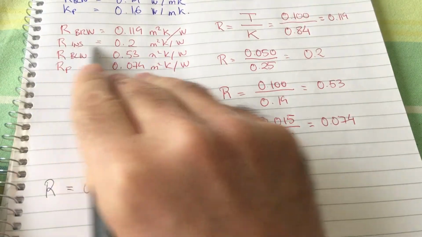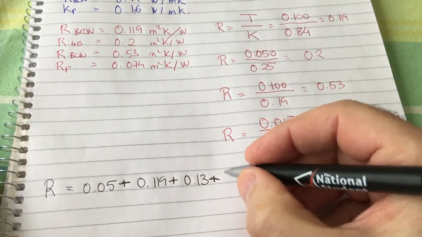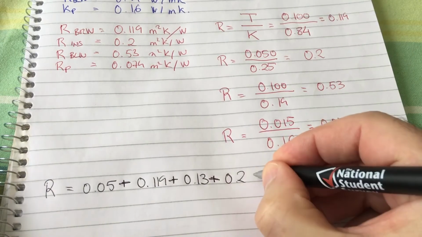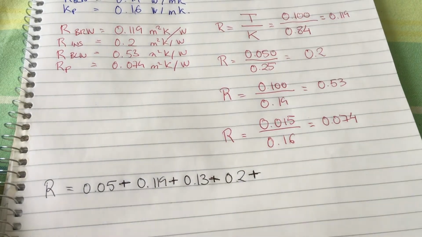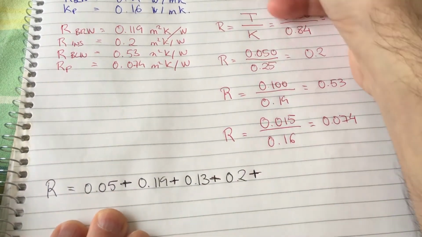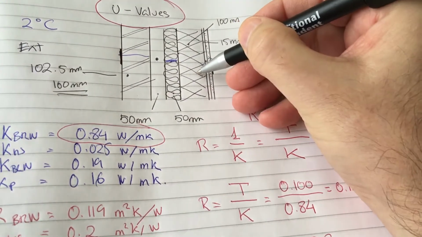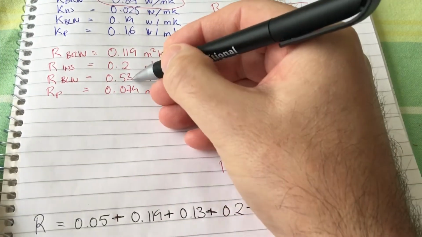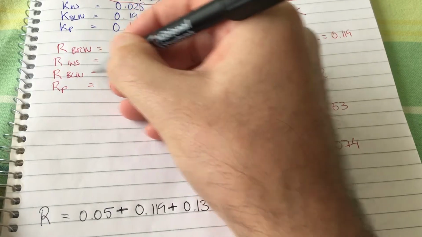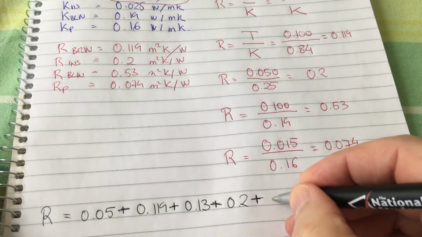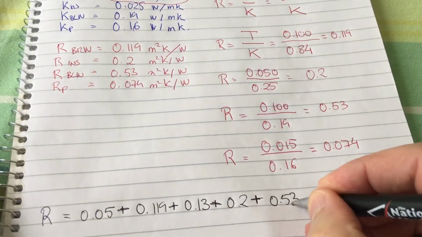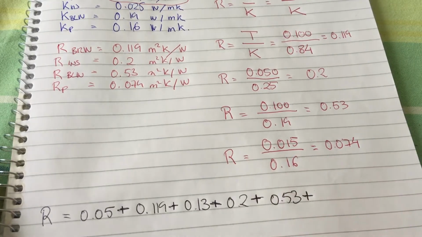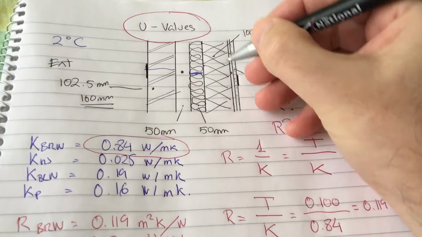We got the resistance for the insulation here, and I'm going to write it 0.2 plus the insulation of blockwork. That's the blockwork here, and that's the insulation. The blockwork value. And then next thing is going to be the very little insulation there.